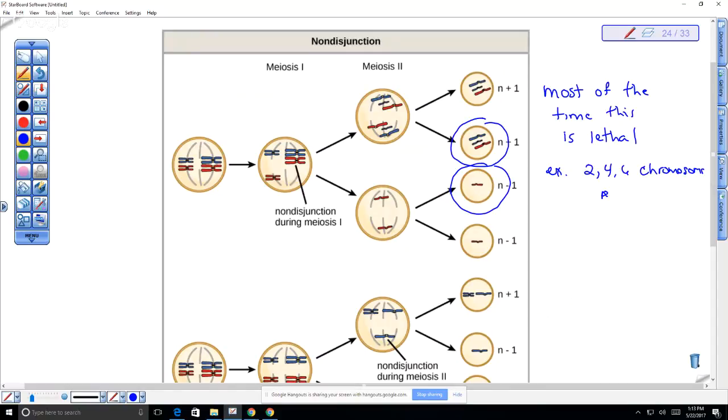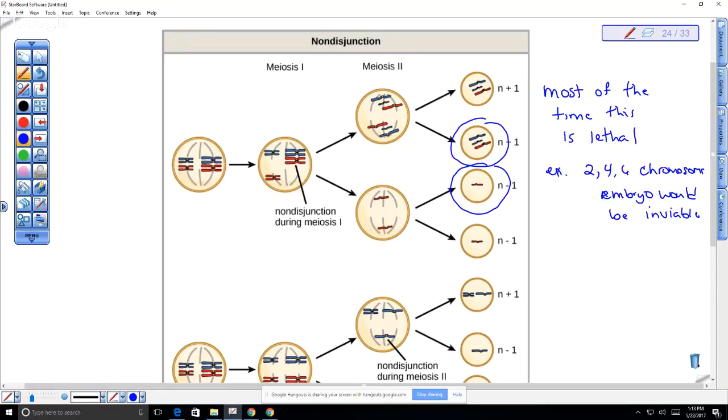So the embryo would be inviable. It might not even be able to develop enough to implant, or once it implants, maybe it doesn't produce enough hormone to be maintained, and so it's spontaneously aborted.